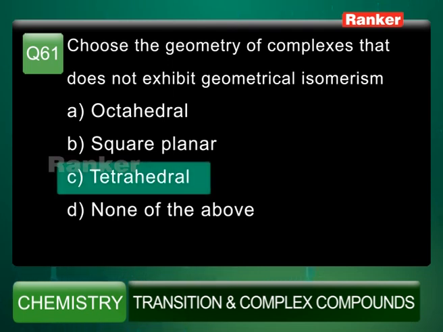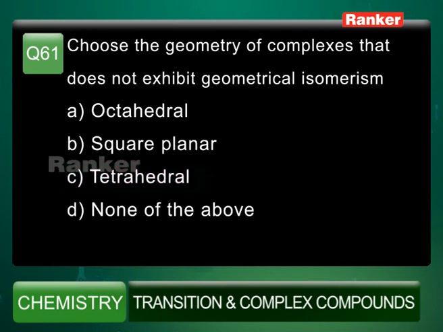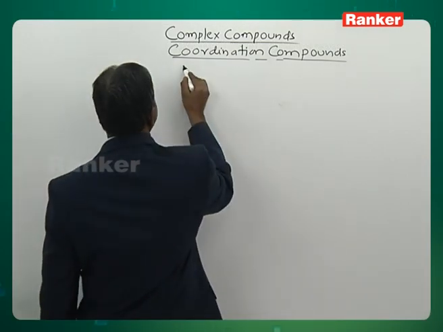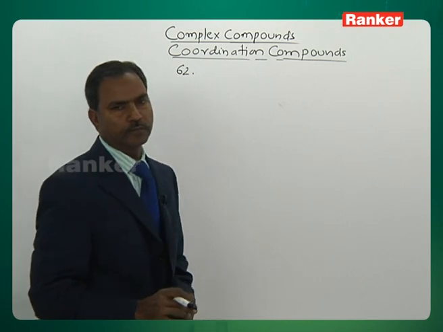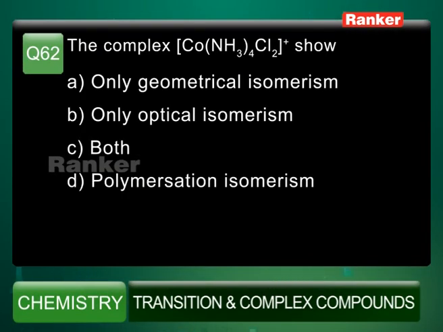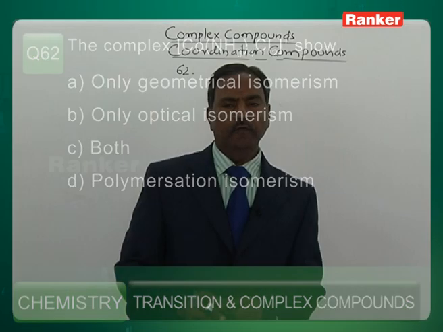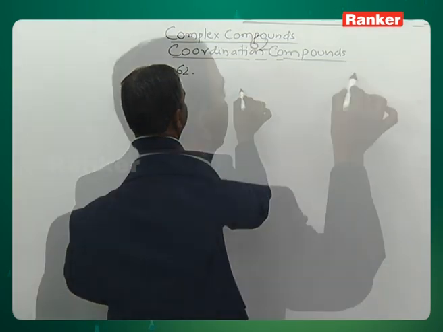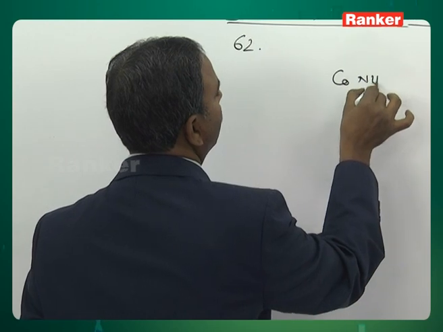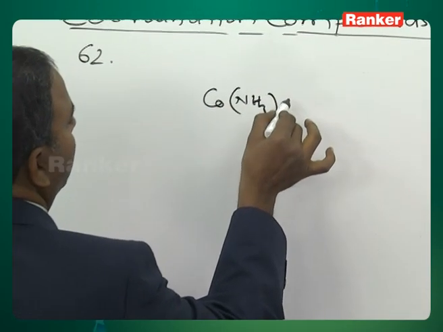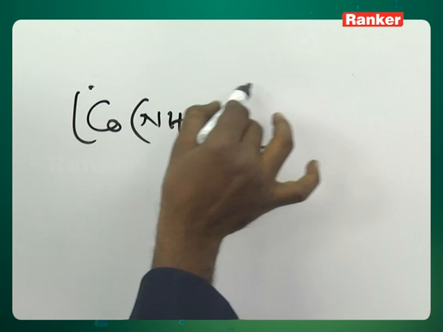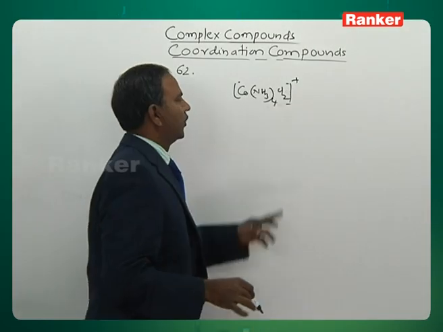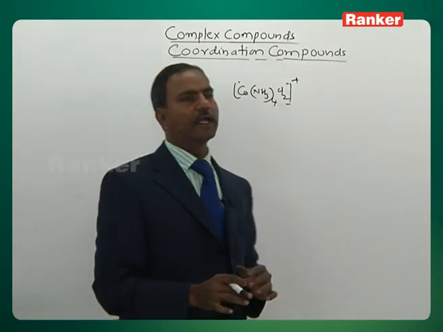Question number 62. The complex [Co(NH3)4Cl2]+ shows. See again, this particular complex is A4B2 type, and moreover these are all monodentate ligands. What is given? [Co(NH3)4Cl2]+, this is Ma4b2 type, all are monodentate ligands.